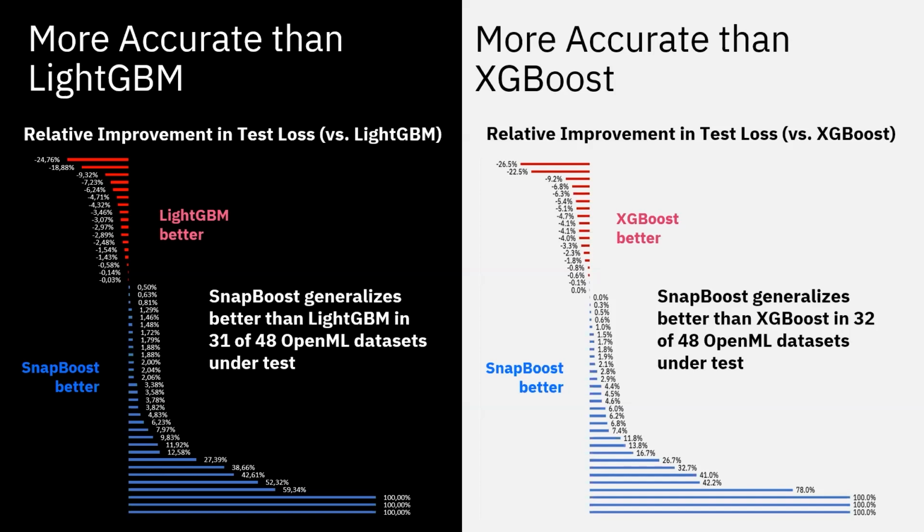So we see that SnapBoost won in 31 out of 48. And in some cases, the improvement was very significant. Similarly, on the right-hand panel, we compare with XGBoost, and there we see a similar conclusion that SnapBoost achieved better test loss in 32 of the 48 data sets under test.